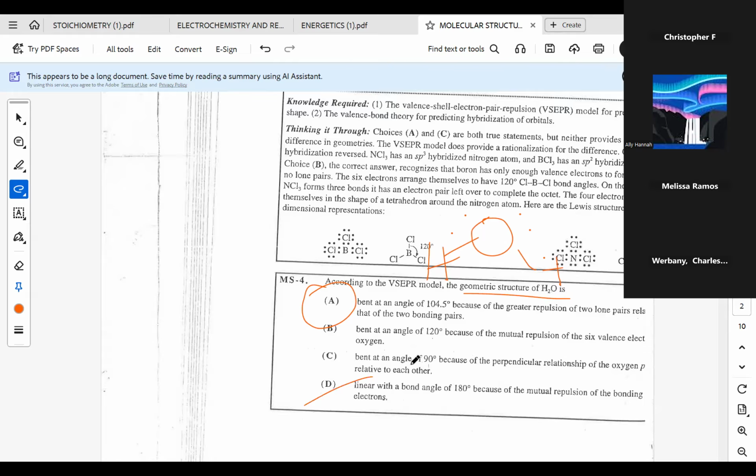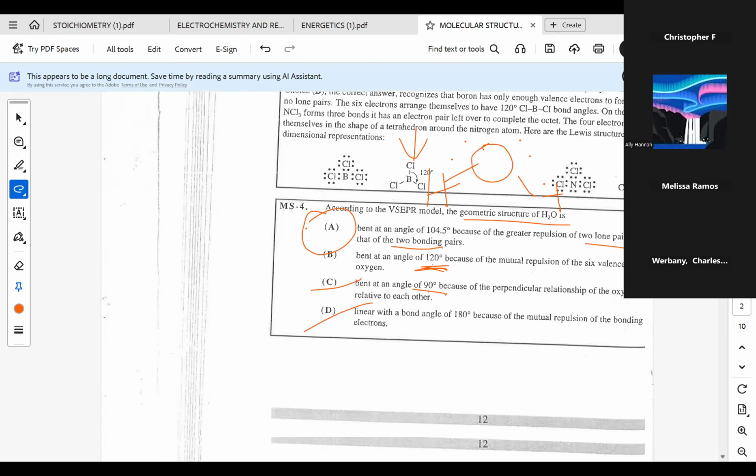It's not going to be 90 because that's in our trigonal bipyramidal or octahedral. And bent does not have 120, that's our trigonal planar, which is shown right above. So the only correct answer that makes sense here is that we have two lone pairs, two bonding pairs, and less than that 109.5.